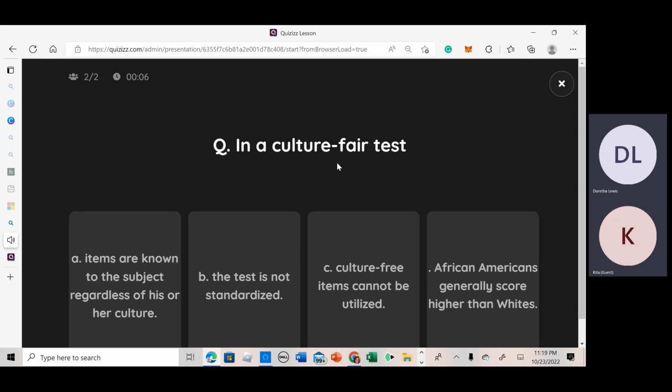In a culture fair test, choice A, items are known to the subject regardless of his or her culture.